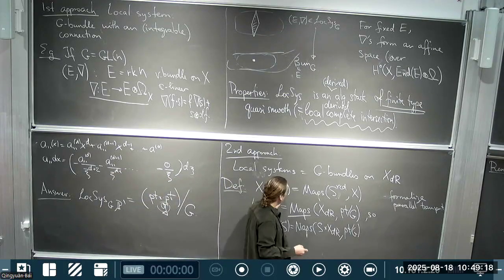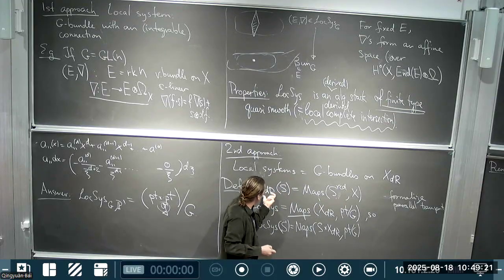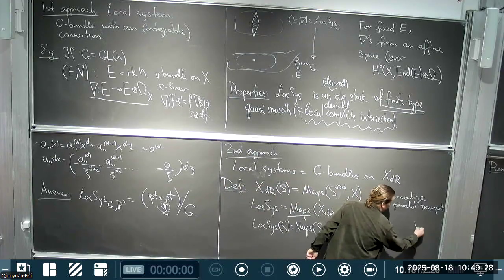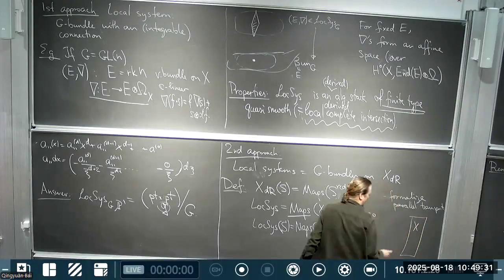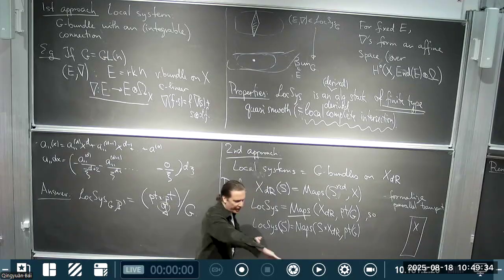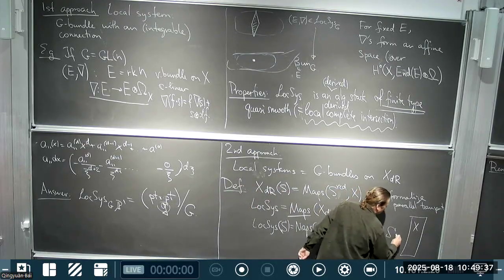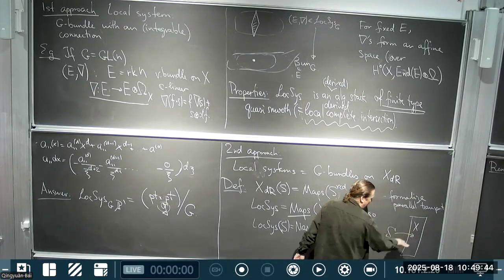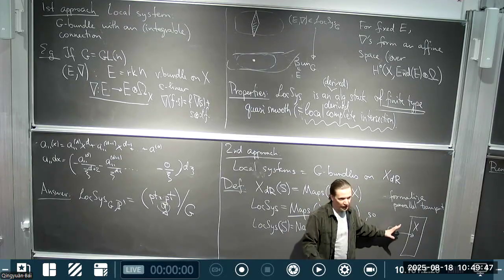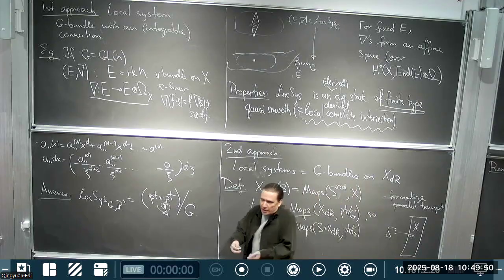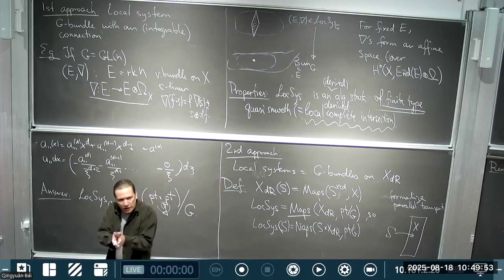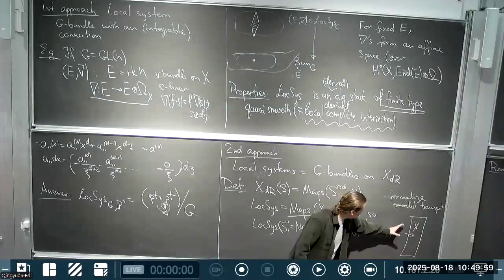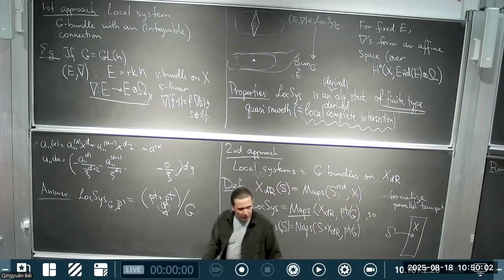This is why, when we define the de Rham stack as this, if you have your X and you want to define something that has a connection on it, then when you're testing it by maps from a scheme to X, you only need to know what this map does to the reduced part of S, because the connection will allow you to expand, using parallel transport, from the reduced part of S to the non-reduced part.